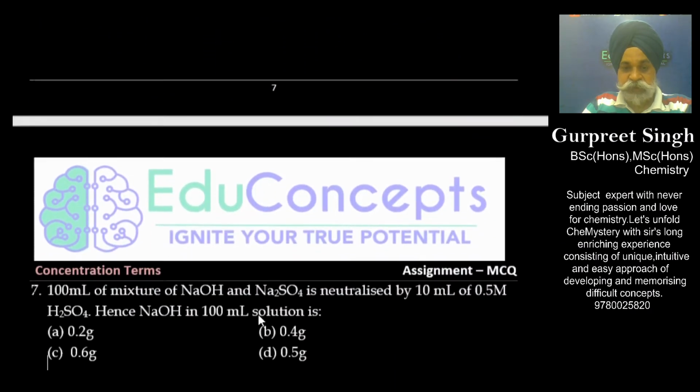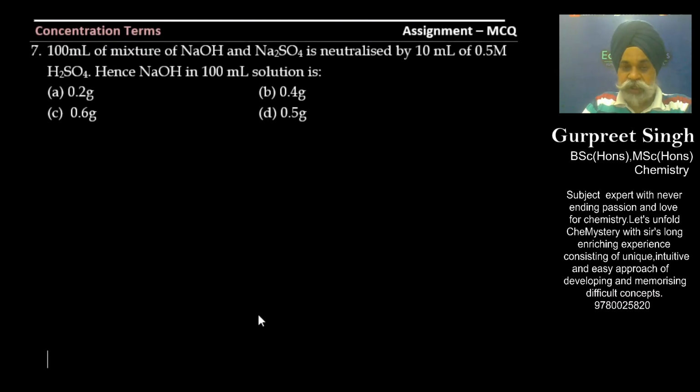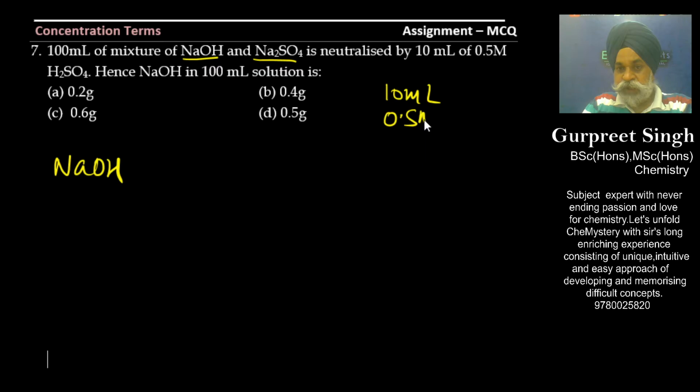Going on to the next problem. This again is a very interesting question where it got mixed with stoichiometry, a reaction-based question. You are given 100 ml of a solution containing NaOH and sodium sulfate, which is neutralized by 10 ml of 0.5 molar sulfuric acid.